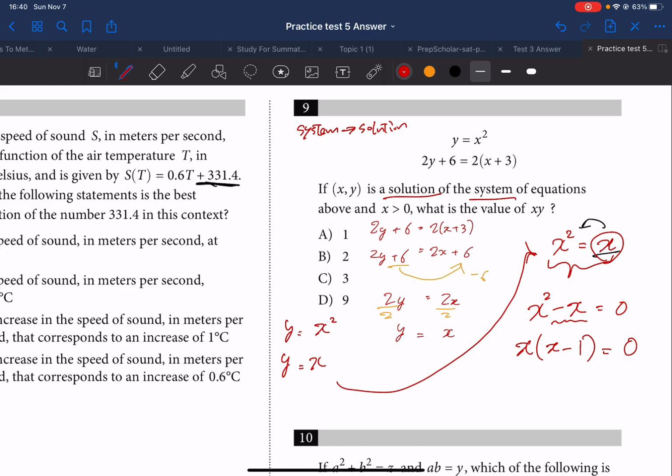Now, since right here you see 2, this means at the end we should have 2 solutions.